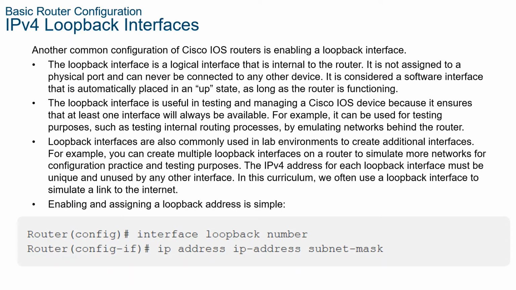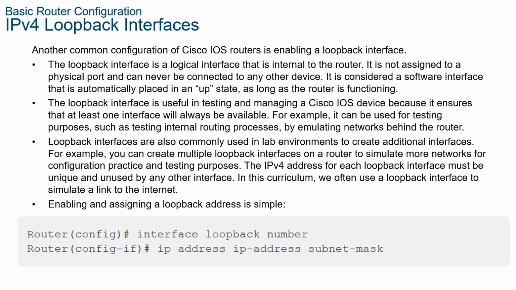For example, it can be used for testing purposes, such as testing internal routing processes by emulating networks behind the routers. Loopback interfaces are also commonly used in lab environments to create additional interfaces. For example, you can create multiple loopback interfaces on a router to simulate more networks for configuration practice and testing purposes, as shown earlier.